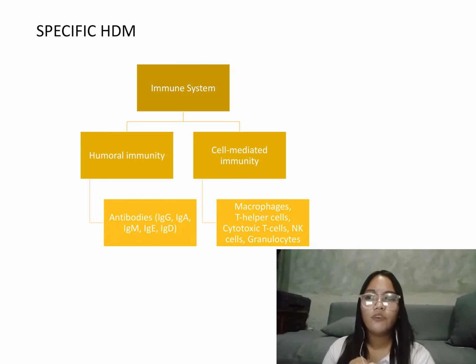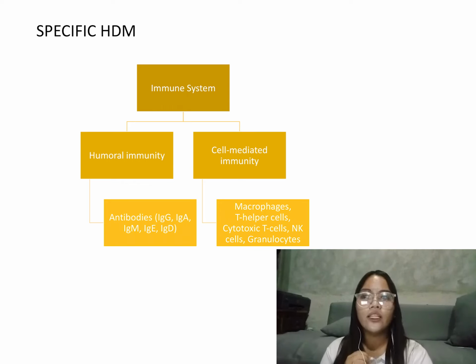They aid in the activation of cytotoxic T cells, which kill infected target cells, as well as B cells that generate antibodies and macrophages that kill ingested microorganisms. Cytotoxic T cells are a type of immune cell that can kill certain cells, including foreign cells, cancer cells, and cells infected with a virus.